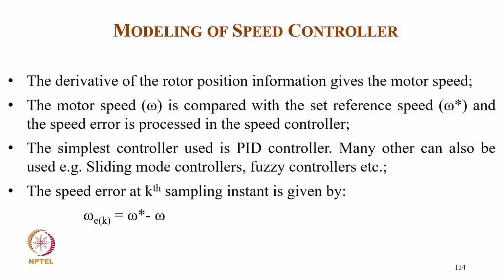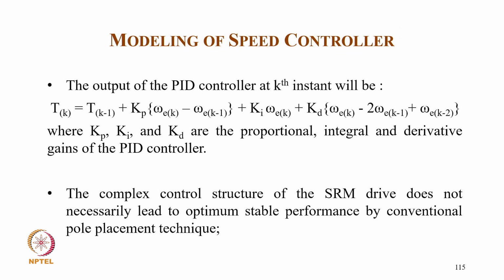The speed error at the sampling instant is given by ωe(k) = ω* − ω. The output of the PI controller at the kth instant will be T(k) = T(k−1) + Kp[ωe(k) − ωe(k−1)] + Ki ωe(k) + Kd[ωe(k) − 2ωe(k−1) + ωe(k−2)], where Kp, Ki, Kd are the proportional, integral and derivative gains of the controller.